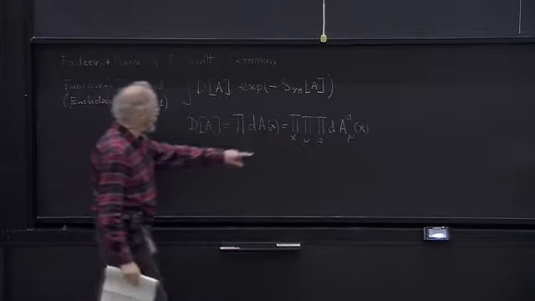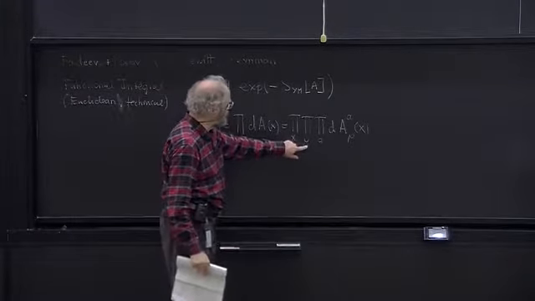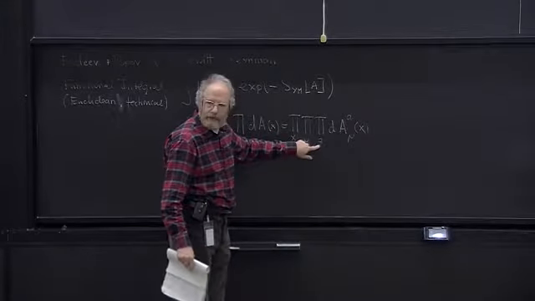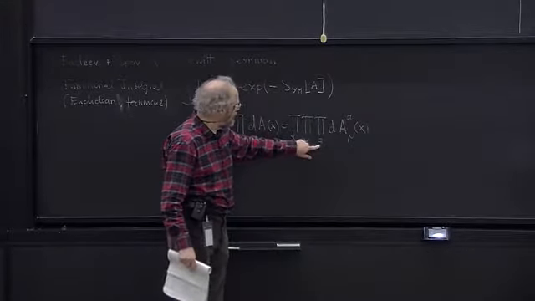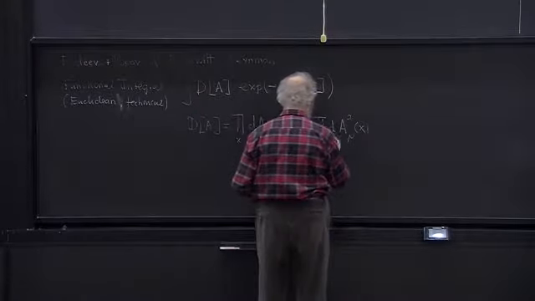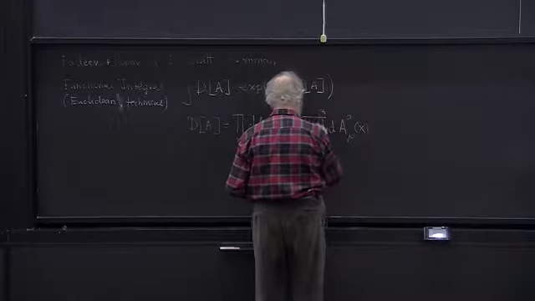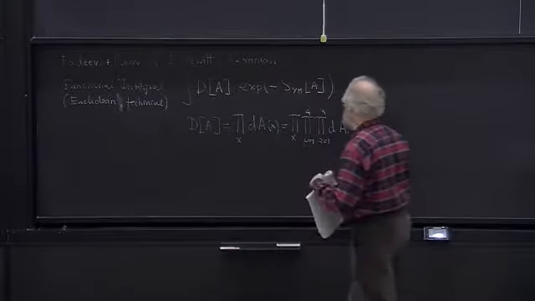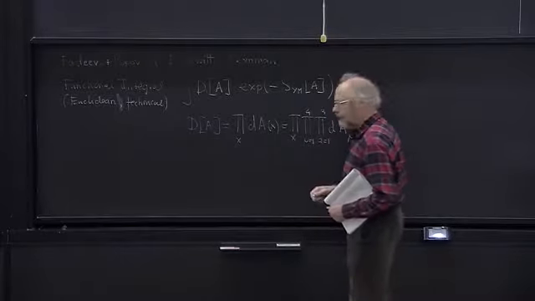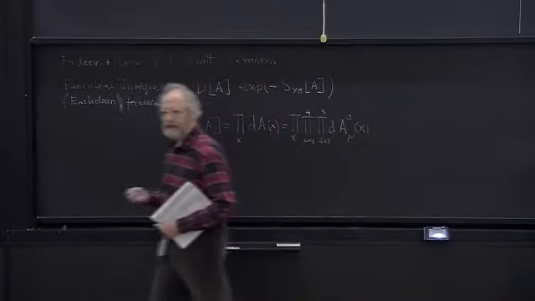So you sum over all points in space-time, you sum over all components of A mu, and you sum over all the generators. So a goes from 1 to 3, remember? Mu goes from 1 to 4 if I am in 4-dimensional space-time, and this is a formal infinite sum over all points in Minkowski space or in Euclidean space.